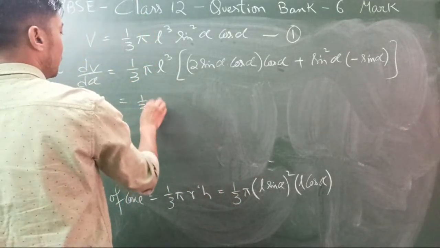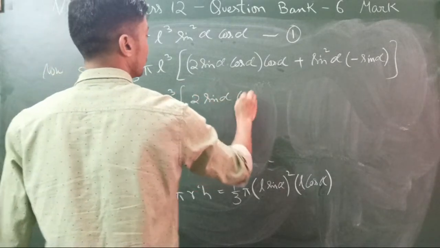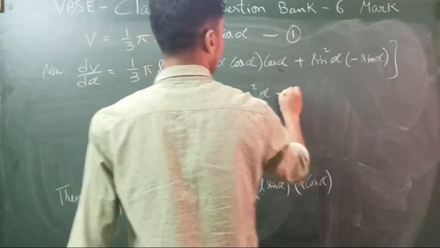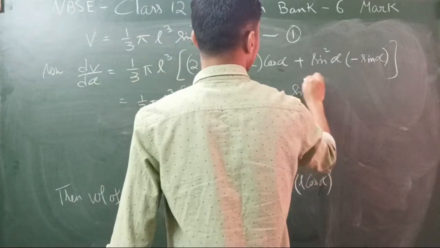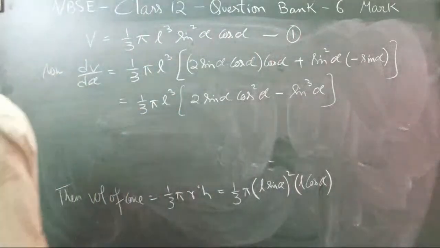So 1 by 3 pi L cube twice sine alpha cos square alpha minus sine cube of alpha. This is the first derivative.